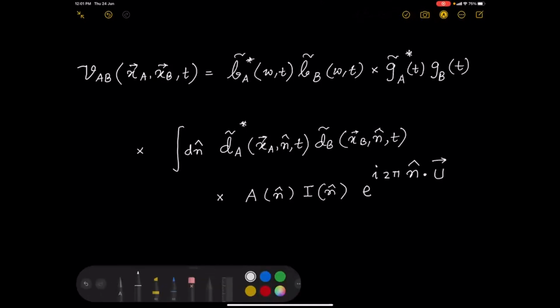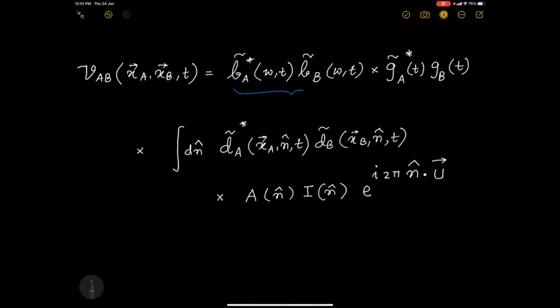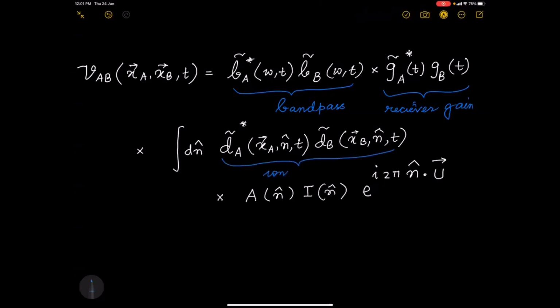Okay. So let me just label these terms and then I will stop bothering you for the time being. So this is the bandpass response of the electronics. This is the gain, receiver gain. These are ionosphere.